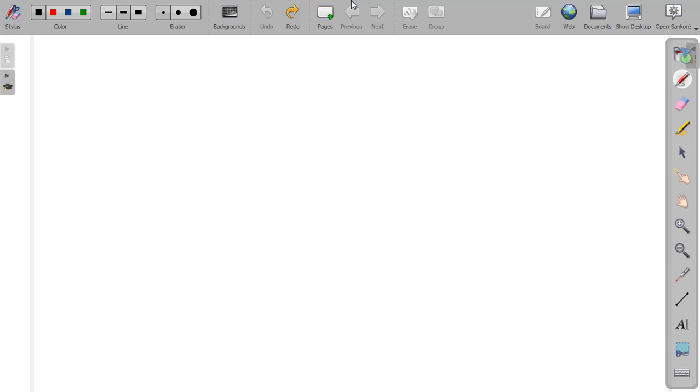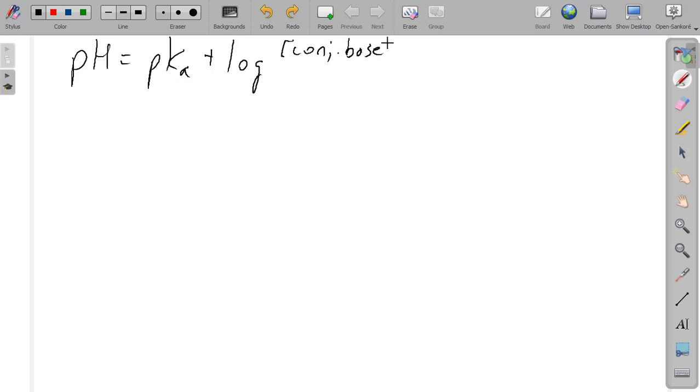When you hear buffer, your first thought should be the Henderson-Hasselbalch equation, where pH equals pKa plus the log of the conjugate base concentration divided by the weak acid concentration. All we need to do is fill in some pieces before we can do this calculation itself. So the first thing is let's convert the Ka to pKa because we need this.